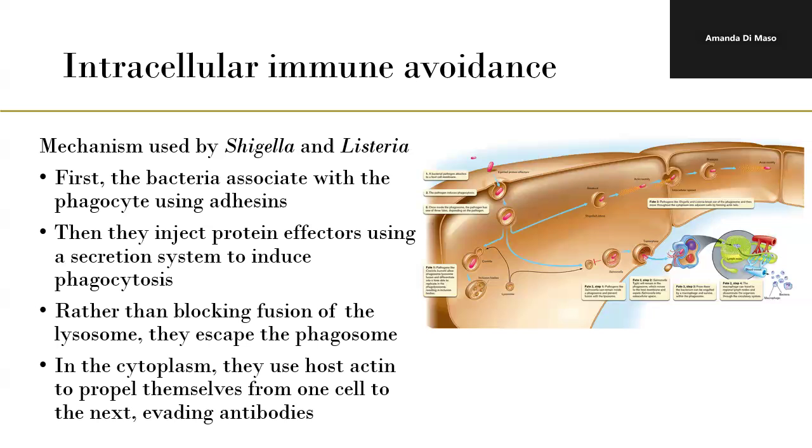I've got 30 seconds to get out of this thing before it fuses and I die. So they do. And once they do that, they can actually hijack our cytoskeleton. They hijack the actin in our cells, and they use it to push themselves. It's like a propulsion system. And they will move across the cell and use that propulsion system to break into neighboring cells as well.